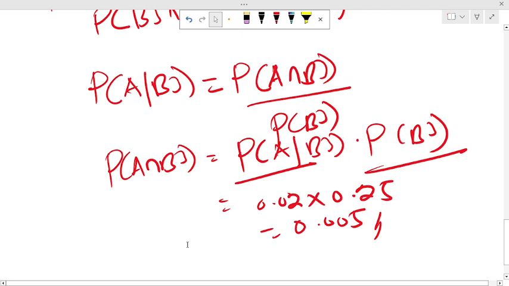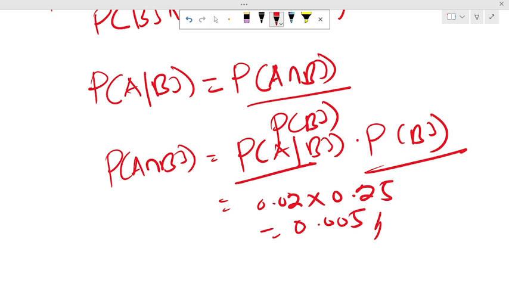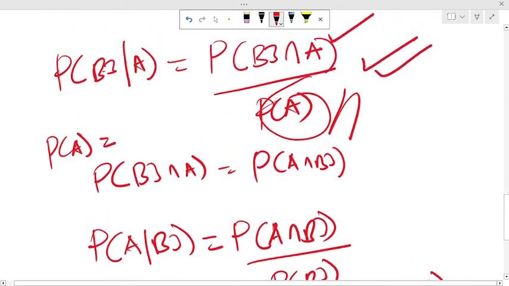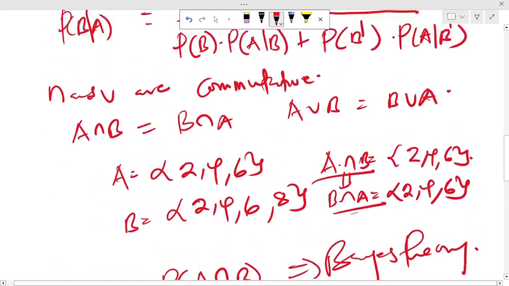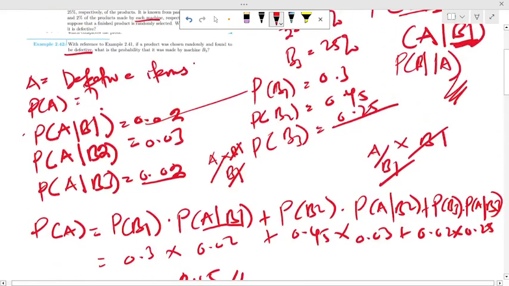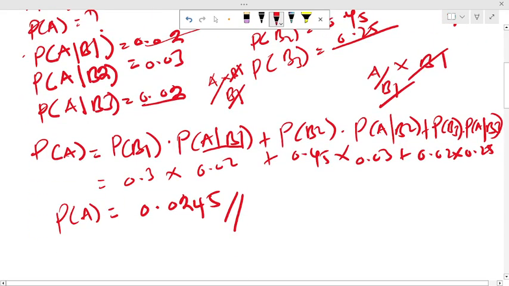The probability that it is defective and produced from machine B3. So getting this, we can put it in this equation, because we already know the probability that it is defective. Our answer was 0.0245.